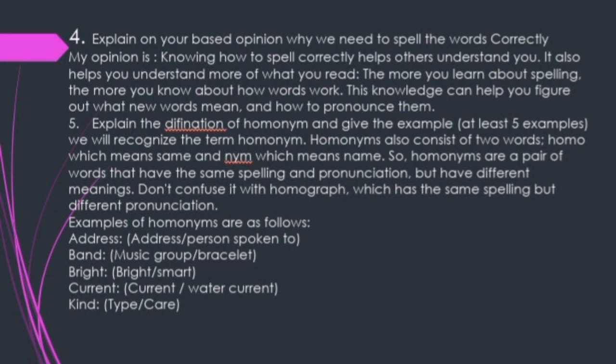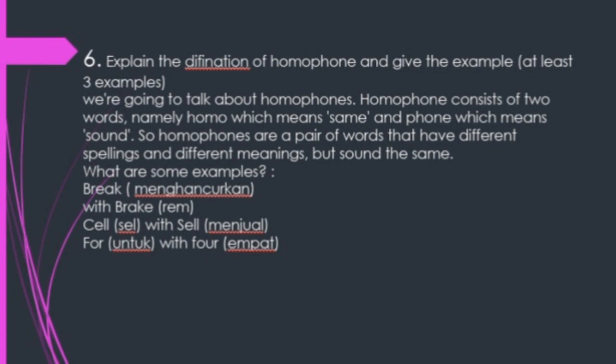Don't confuse it with homograph, which has the same spelling but different pronunciation. Examples of homonyms are as follows: address, person spoken to; band, music group or bracelet; bright, or smart; current, or water current; kind, type or care.